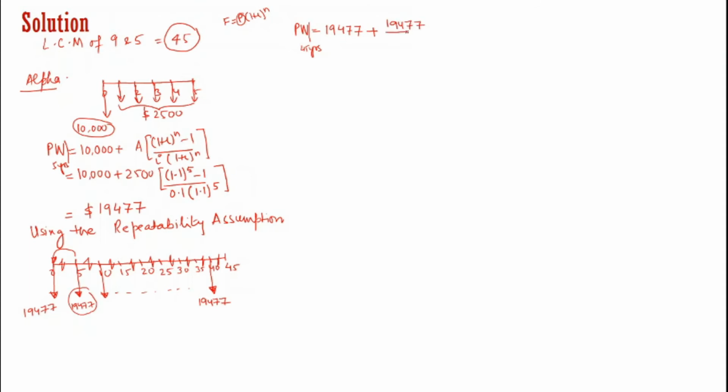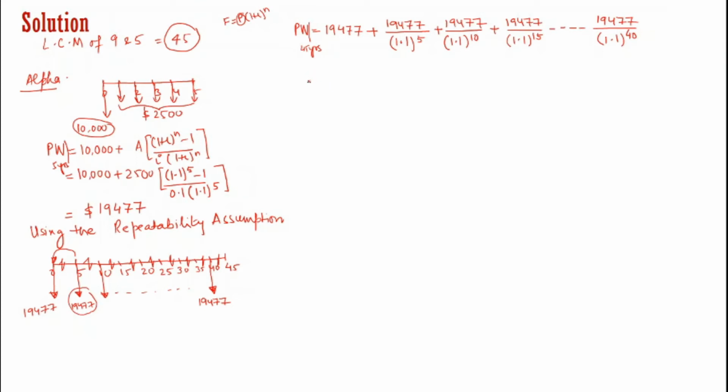So F is given, and we are interested in finding out P, so it will be 19477 over 1.1 to the power 5. Similarly, there will be another term 19477 over 1.1 to the power 10, 19477 over 1.1 to the power 15. And similarly, the last term will be 19477 over 1.1 to the power 40.